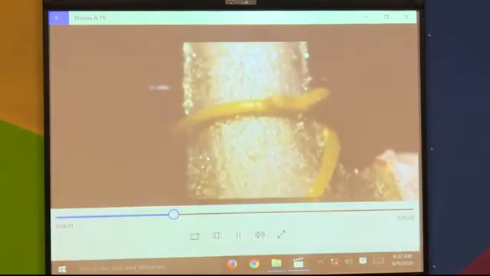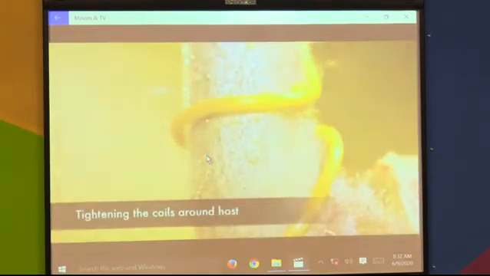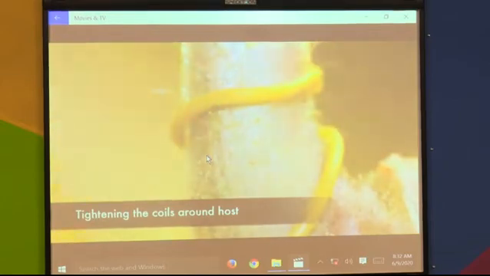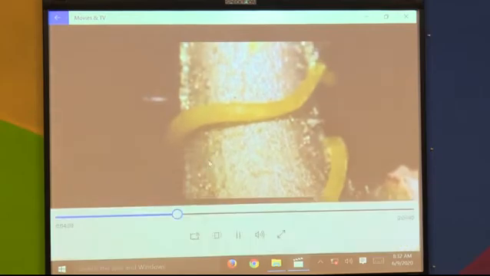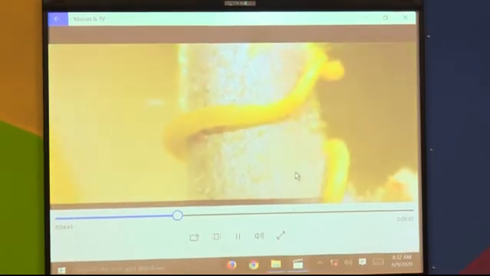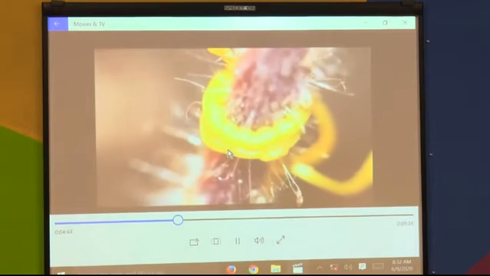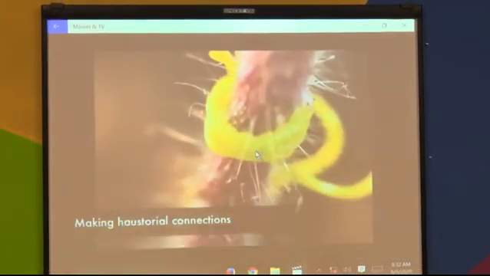So, the Cuscuta plant, how it grows on other plants and how it uses the nutrients of other plants. You can see here, in the first clip it is tightening around the other plant.